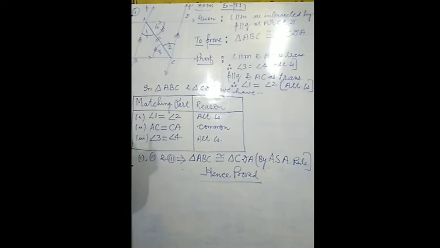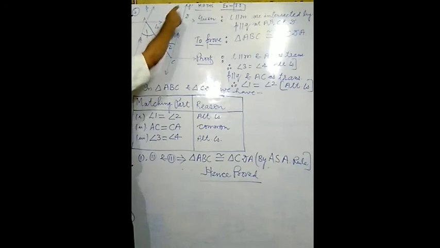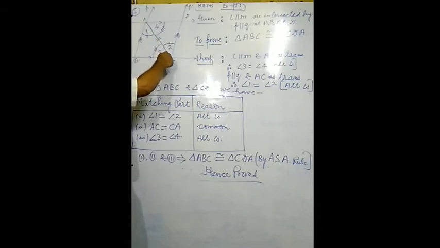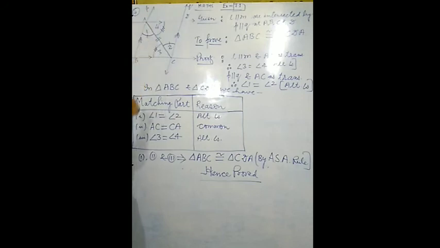This is the question. If you read the question, you may observe here. Firstly, consider this line and these two lines, which are parallel. What is the role of AC? AC is a transversal. So what about angle 1 of the lower triangle and angle 2 of the upper triangle?